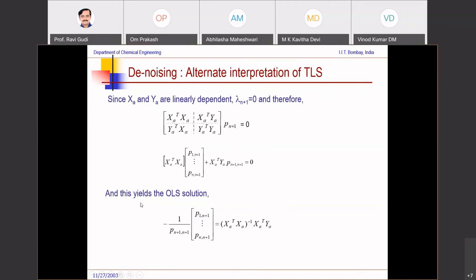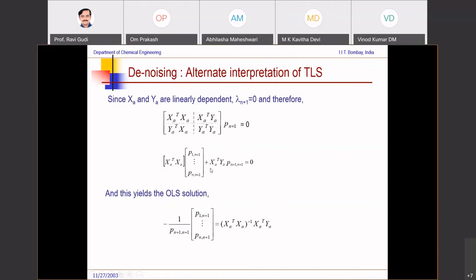And so the ordinary linear problem is when I move all of this to the right hand side, I essentially get the first n elements of the eigenvector divided by the last element of that eigenvector is the actual solution of the problem. Because on the right hand side it is X transpose XA inverse X transpose Y, which is what you will recognize as the ordinary least squares problem.